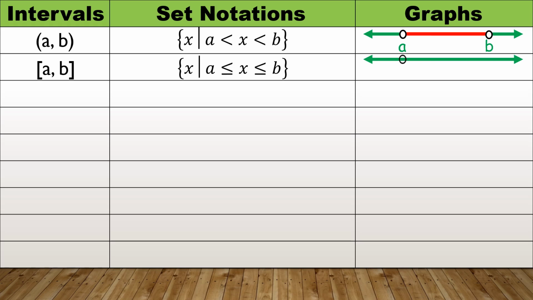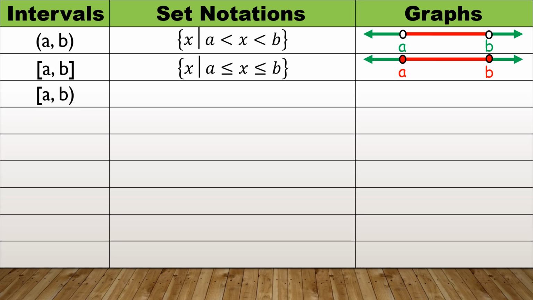So, sa ating graph, ipinapakita niya na si A ay nakagraph with a shaded circle. Ibig sabihin, kasama si A. And also, B is also indicated with a shaded circle. And our shaded part or the red part will be our solution set. So, kasama si A at si B.